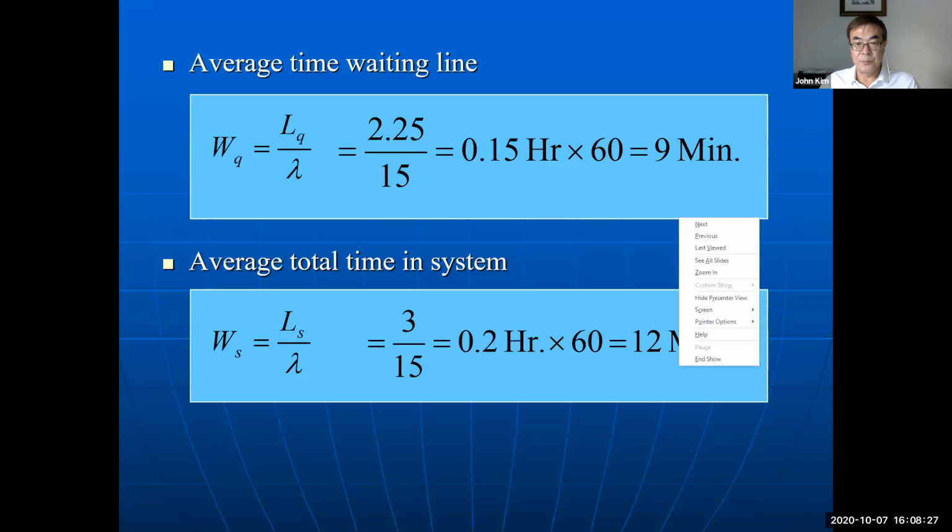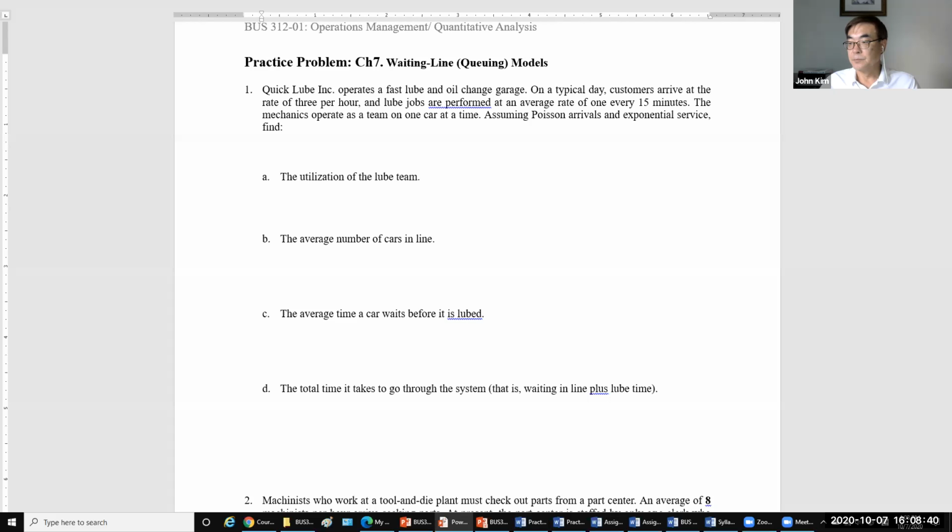Okay, practice problem. A Quick Loop operates a fast loop oil change garage. On a typical day, customers arrive at the rate of 3 per hour.